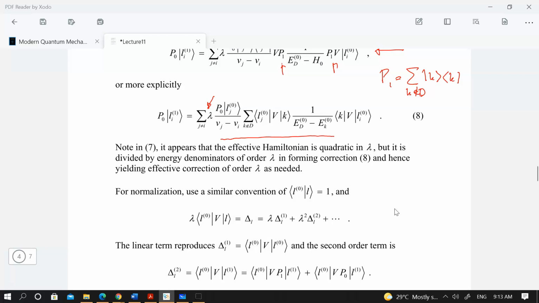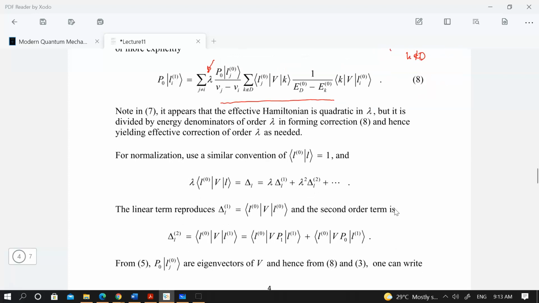Okay. So this is all a bit confusing, but when the application comes, it's actually quite simple. It's just like using the perturbation theory in a different setting where you have the degenerate subspace.